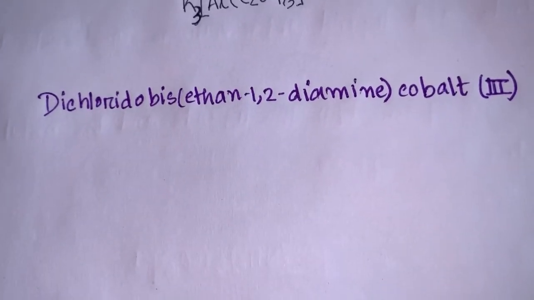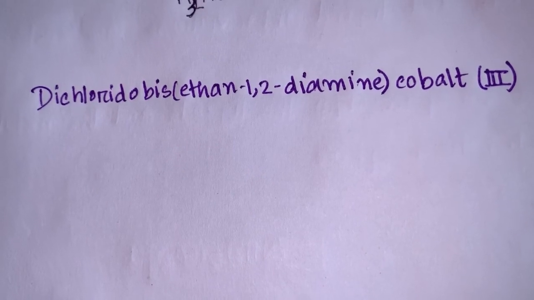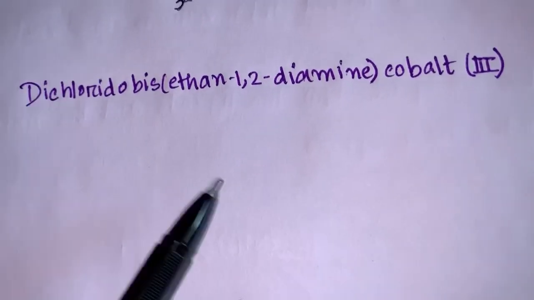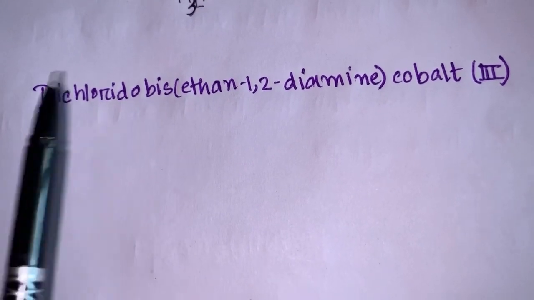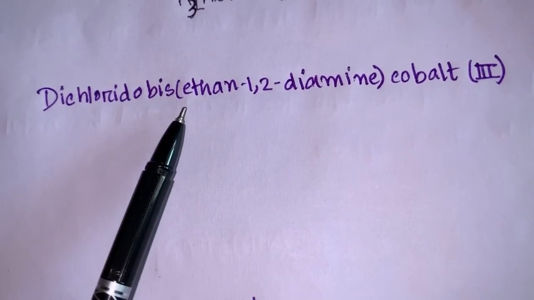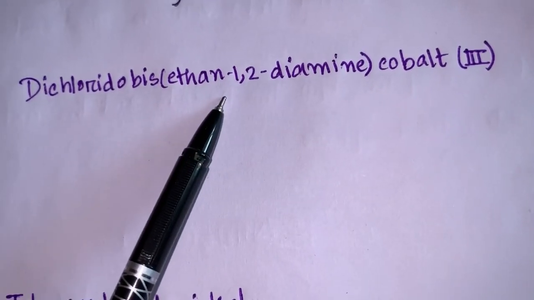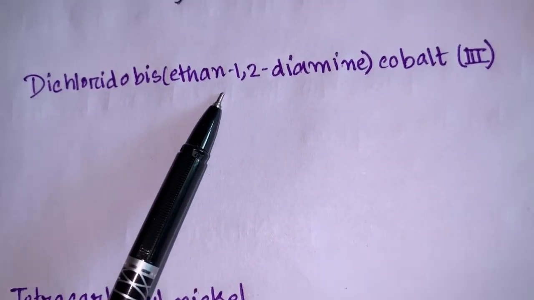Next, dichloridobis(ethane-1,2-diamine)cobalt(III). So here the term bis has been used here, and here di. This is something which we will be discussing when we talk about the nomenclature of coordination compounds.